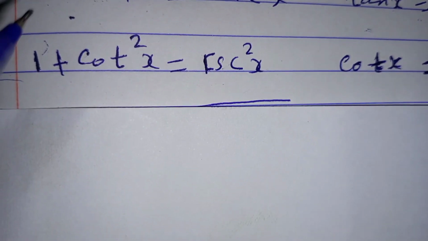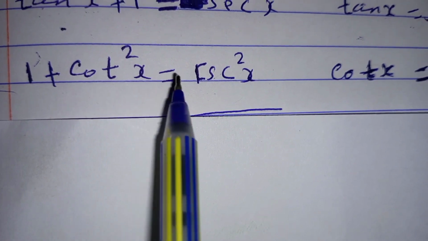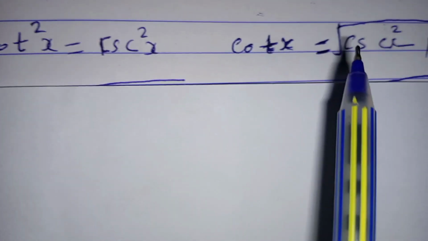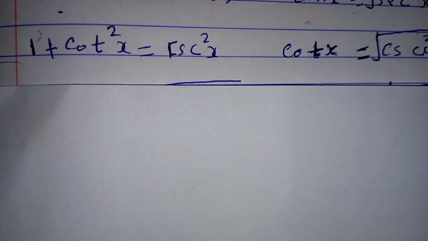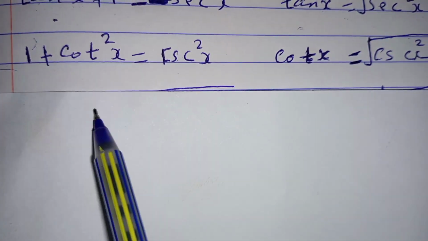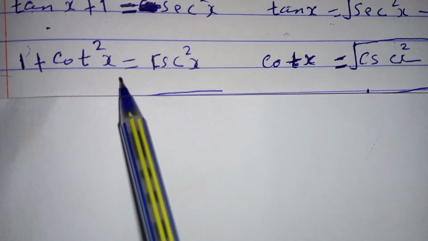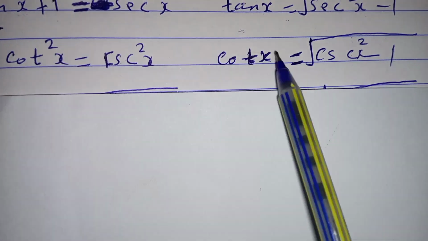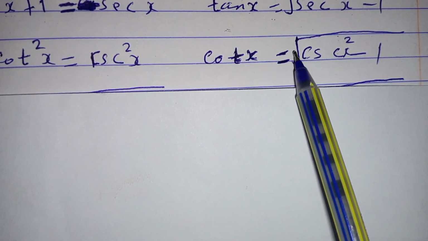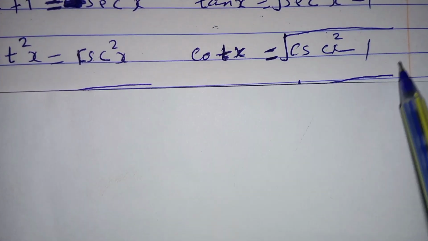Similarly here, you can subtract 1 both sides and take the square root to obtain this result. That is subtracting 1 both sides and taking the square root to obtain cot x is equal to square root of cosec squared x minus 1.